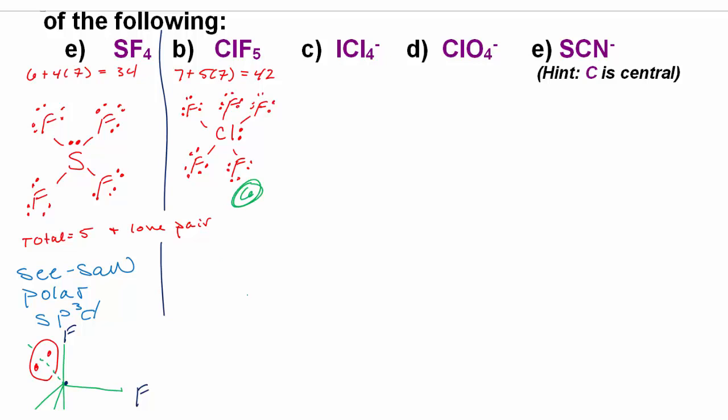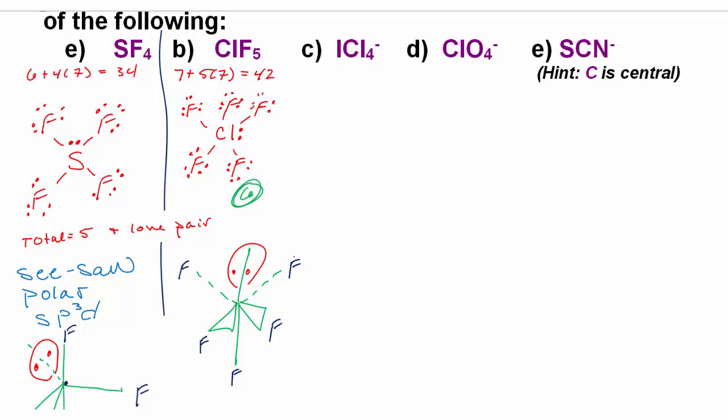When I draw octahedral, I like to draw that flat square first, and then one going up and one going down. So there's my octahedral shape. I have 1 lone pair, so there they go. And my fluorines are everywhere else. So do you recognize that shape?